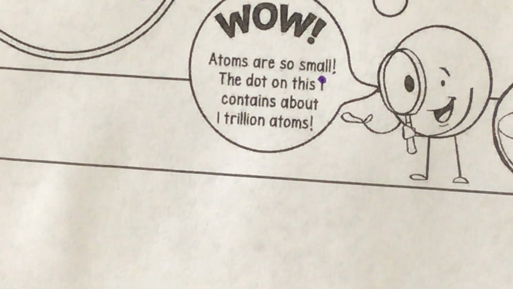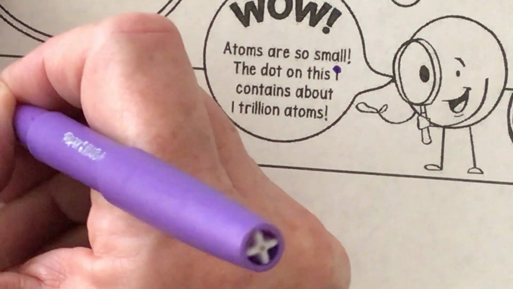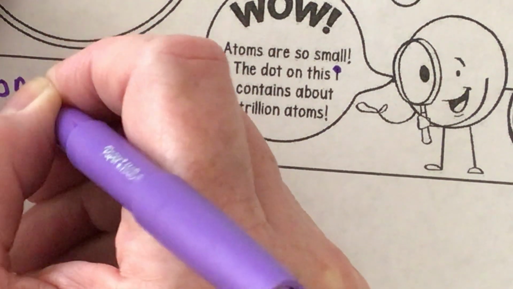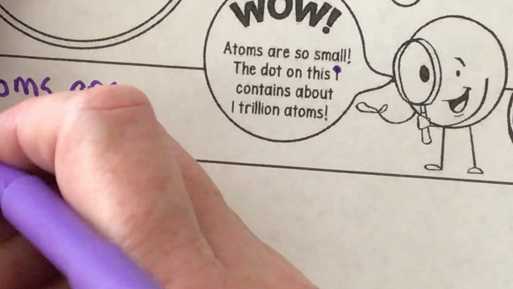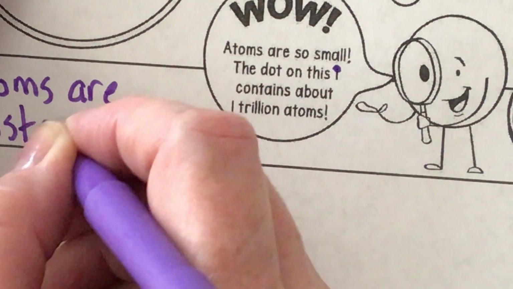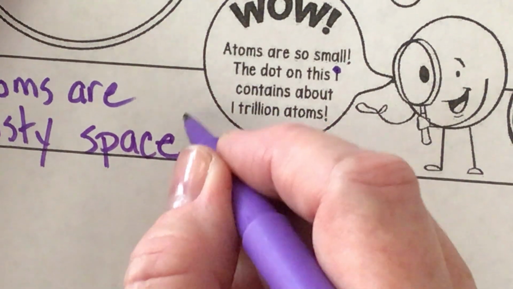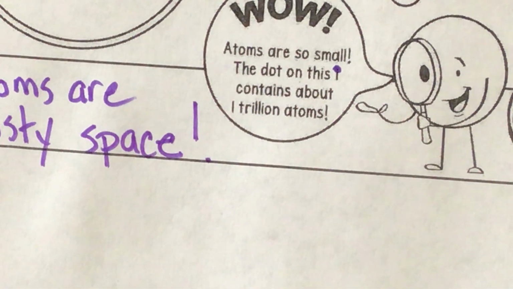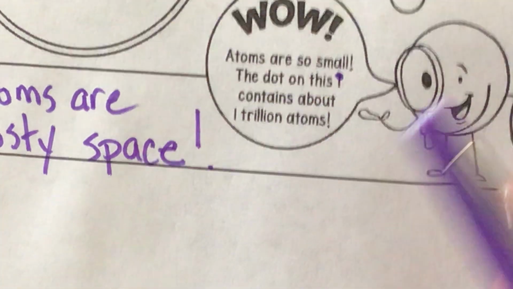So the last thing we're going to write is that atoms are mostly empty space. And we talked about how us in here are protons and neutrons, and that would be just the nucleus.